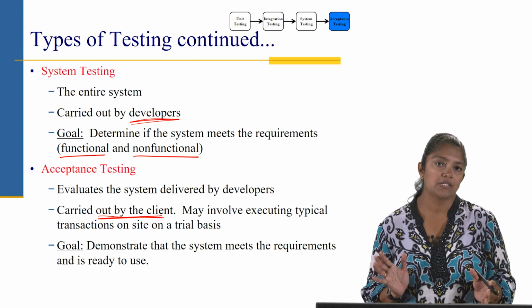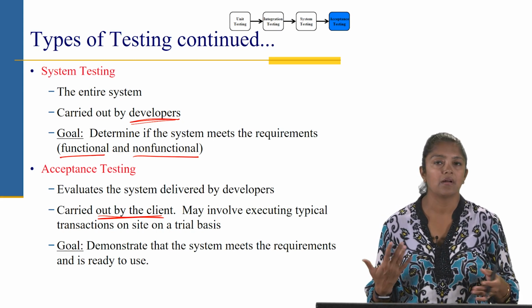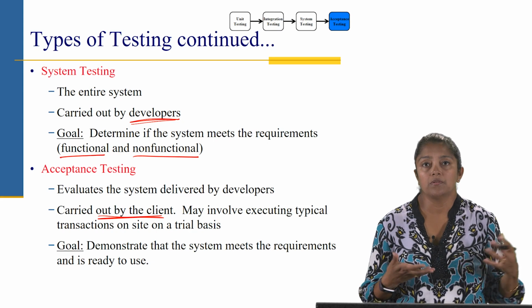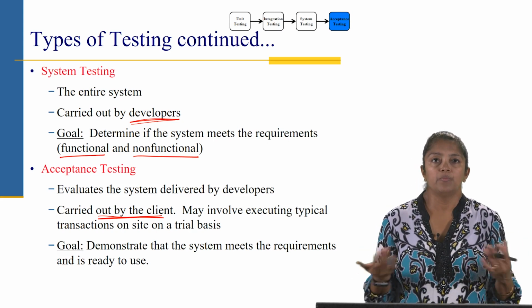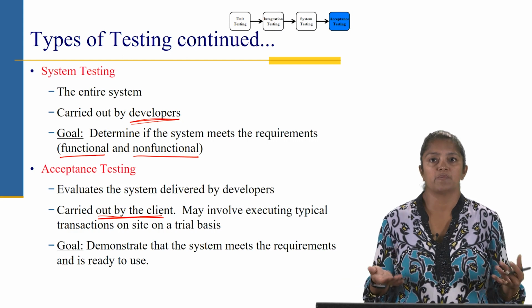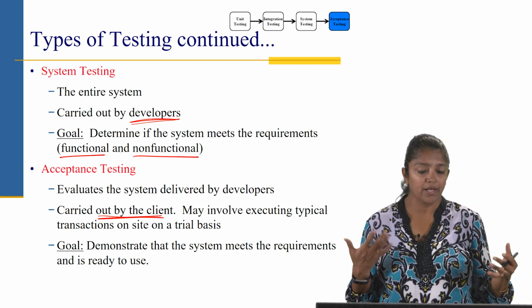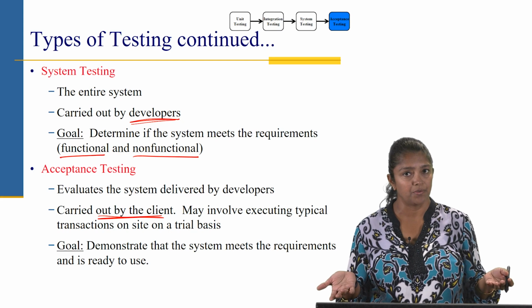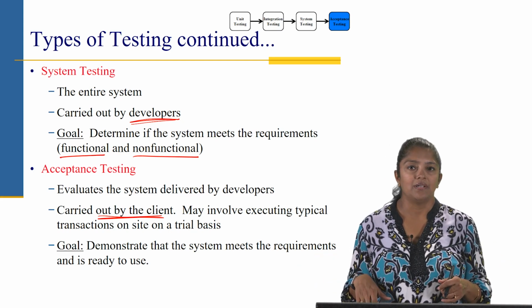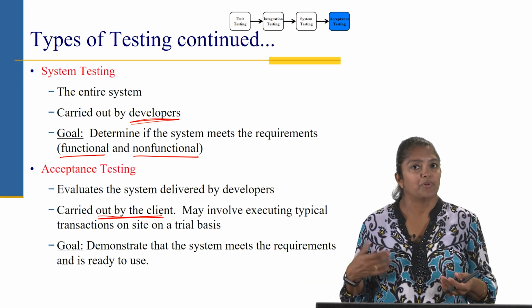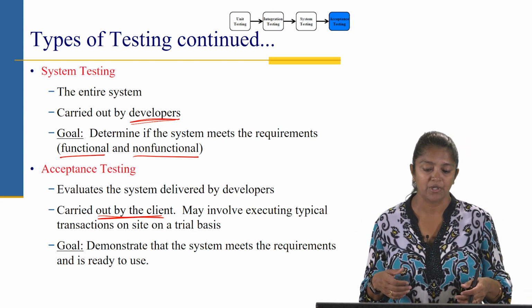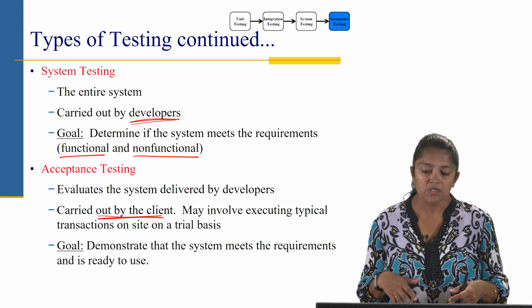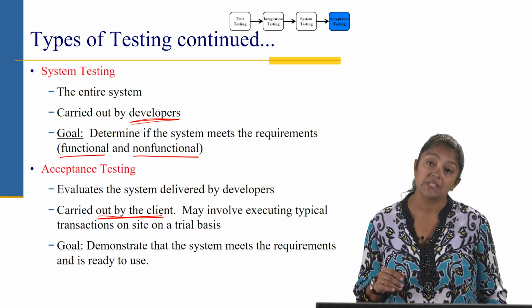And the idea is that they would try out all of the typical transactions on site, to make sure that their expectations are met, and to make sure that the system is ready to use, and that's when the developers get paid, or the software development group that took up the project gets paid. So it's basically to ensure those requirements have been met.